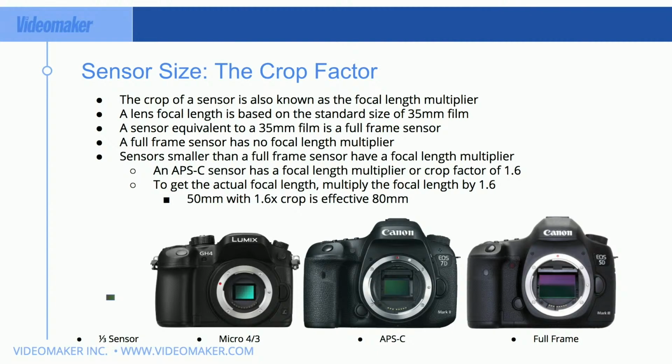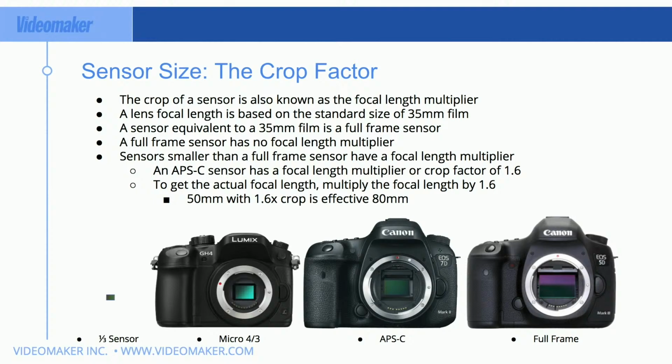An APS-C sensor, seen here on the 7D Mark II, is very typical on intermediate cameras, and it has a crop factor of 1.6, specifically on the 7D. If you are shooting on a Sony, they call it Super 35, which is around the same size as an APS-C sensor, and it has a crop factor of 1.5.